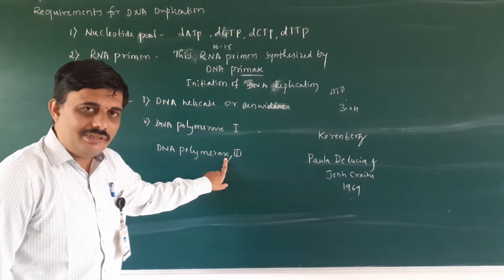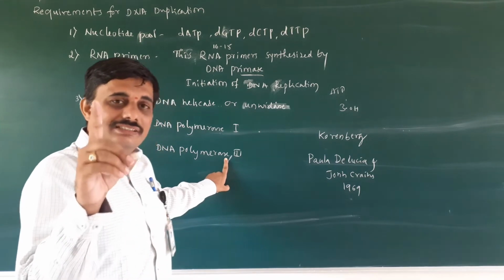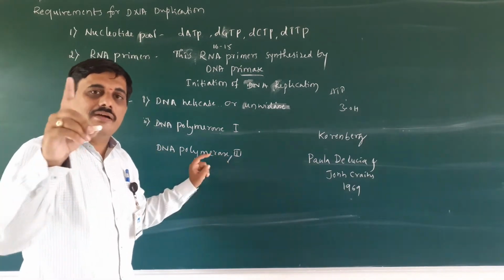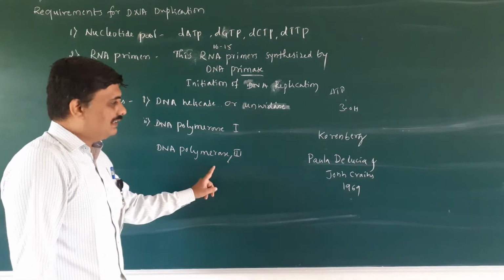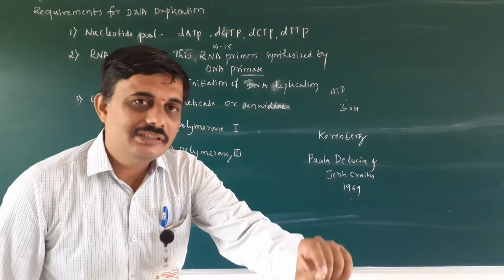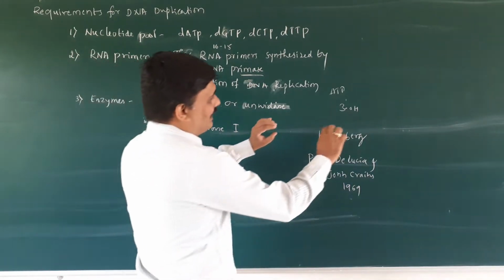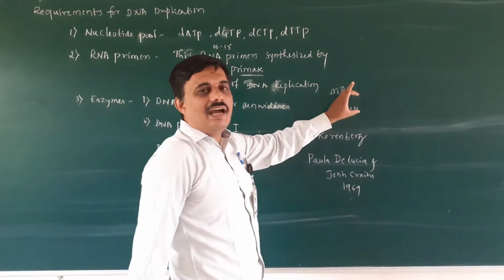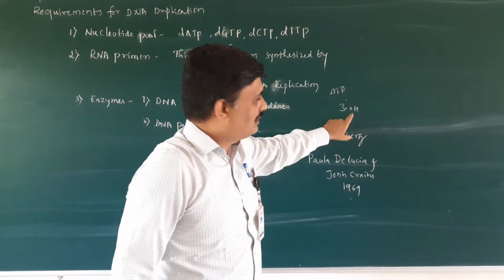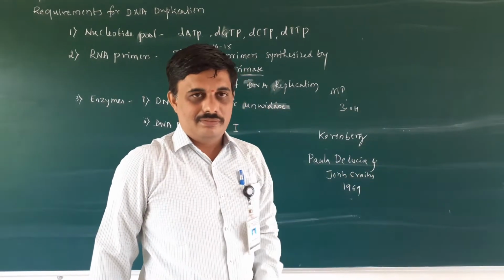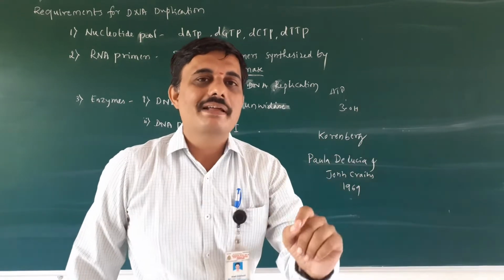This DNA polymerase 3 is the actual polymerization enzyme during DNA duplication. It starts adding nucleotides to the 3' OH group provided by the RNA primer.